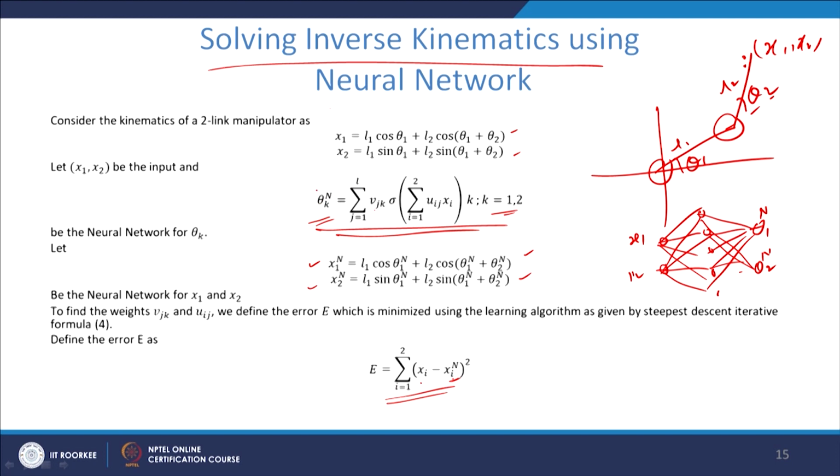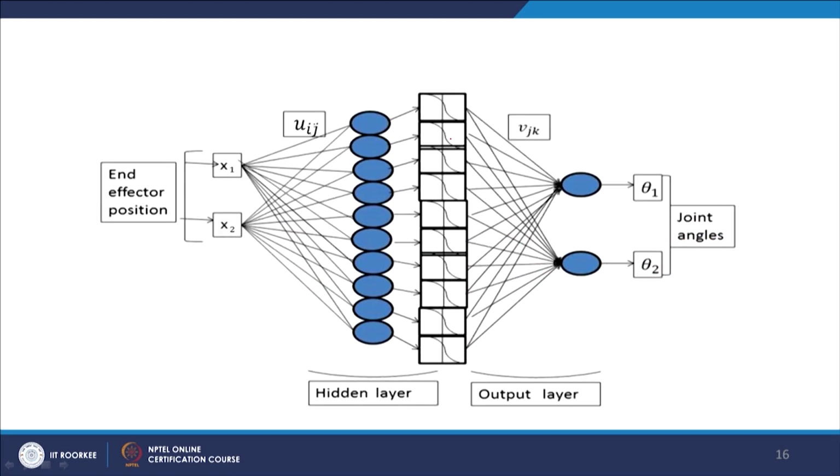Whatever is coming out to be the neural network value will be the actual value of theta 1 and theta 2, the inverse kinematic solutions of the problem. This procedure can be adopted for any type of robot manipulator, and for illustration purposes we have taken the simplest form.